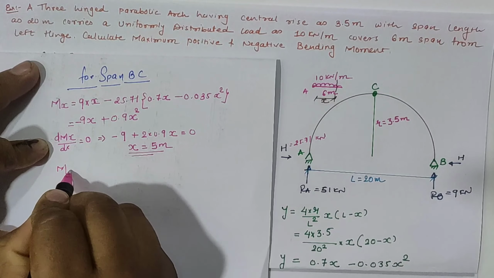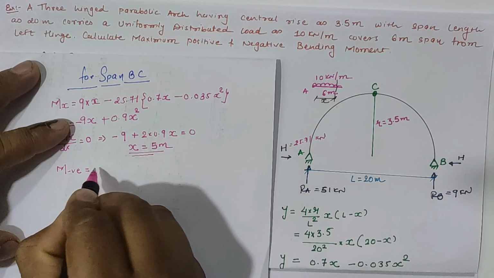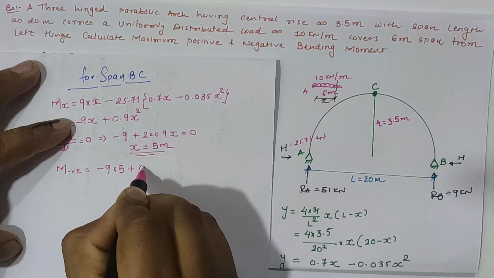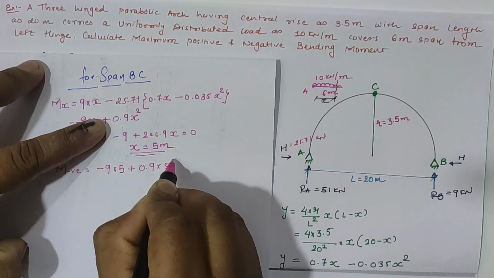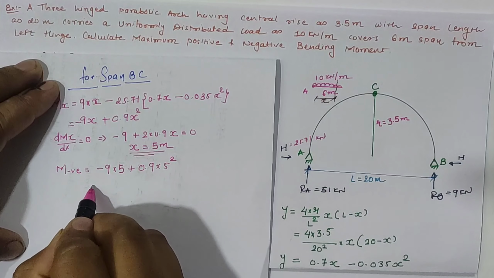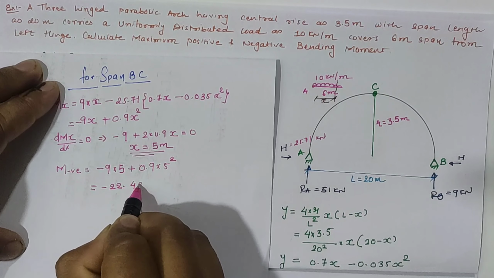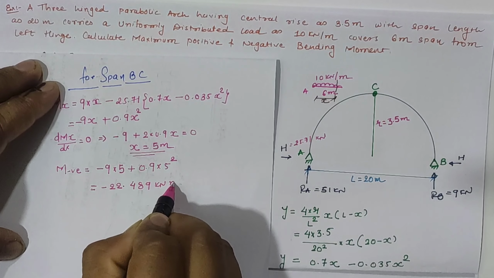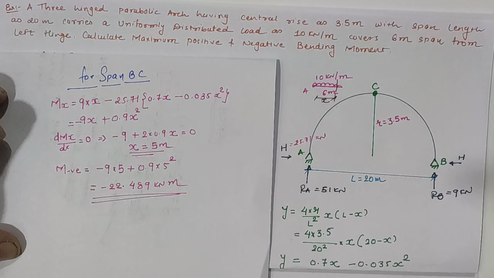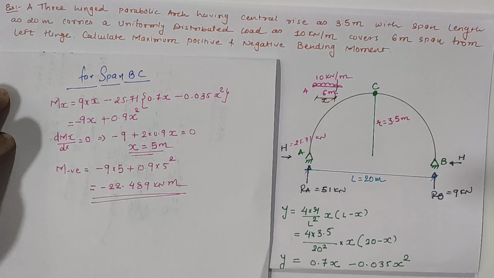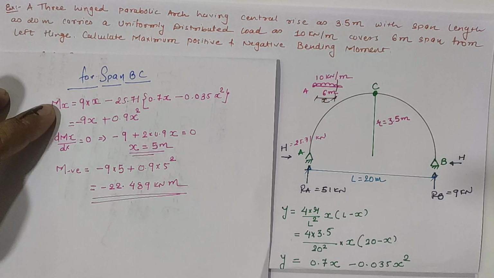So the maximum negative bending moment is equal to minus 9 into 5 plus 0.9 into 5 square, which is equal to minus 22.489 kilonewton meter.